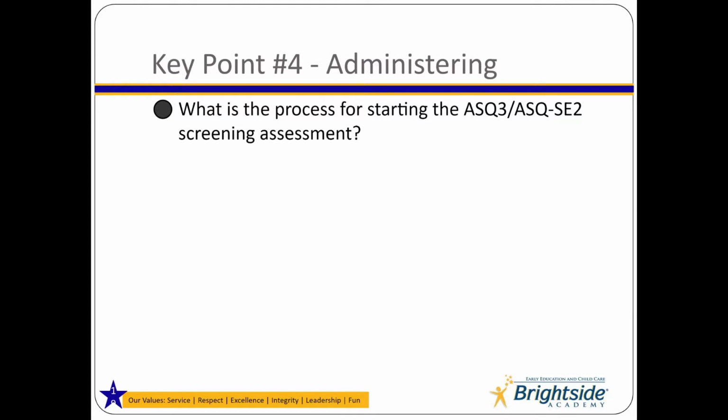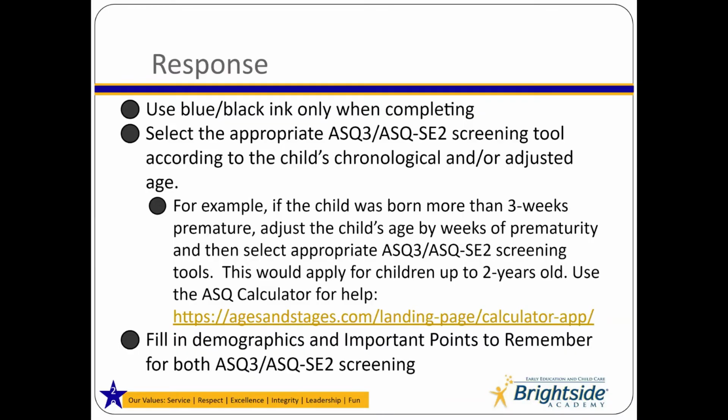Key point number 4, administering. What is the process for starting the ASQ3, ASQSE2 screening assessments? Always use blue or black ink only when completing. Select the appropriate screening tool according to the child's chronological age or adjusted age.